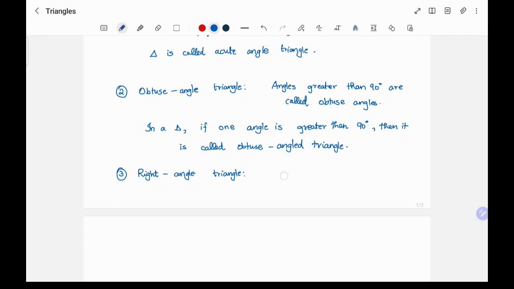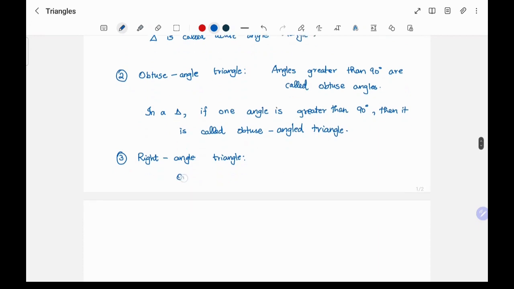Here one of the angles is 90 degrees. Here again two angles cannot be 90 degrees because then they alone will add up to 180 degrees. So right angle means 90 degrees.